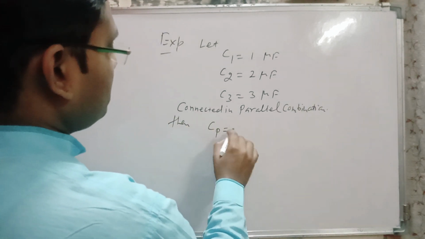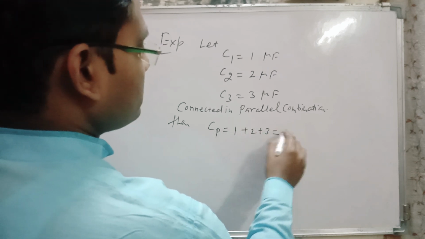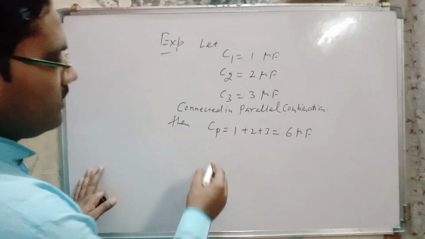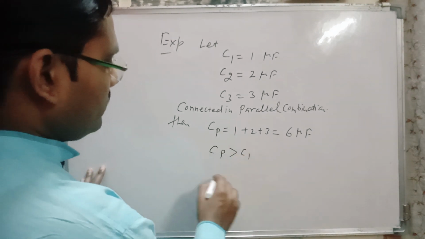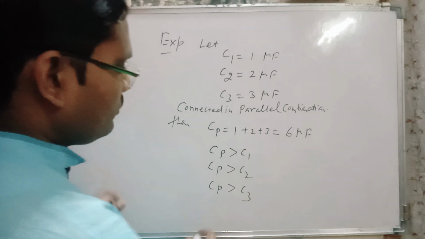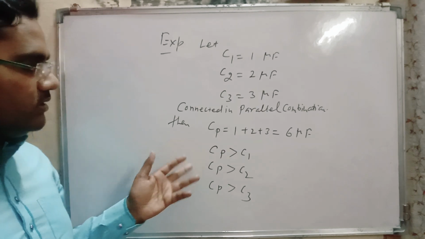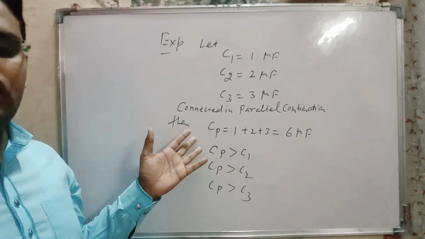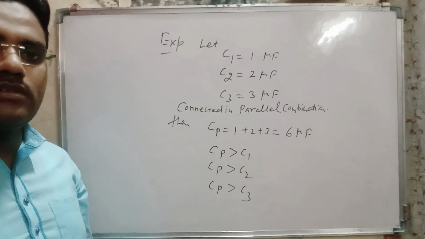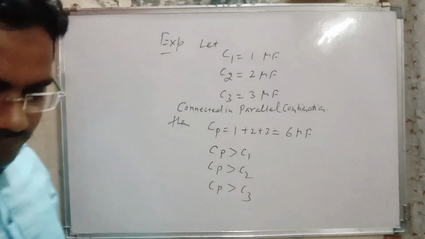Then Cp is equal to 1 plus 2 plus 3, that means 6 microfarad. Now we see Cp is greater than C1, C2 and C3. That means in parallel combination, the equivalent capacitance is greater than the capacitance of each individual capacitor.